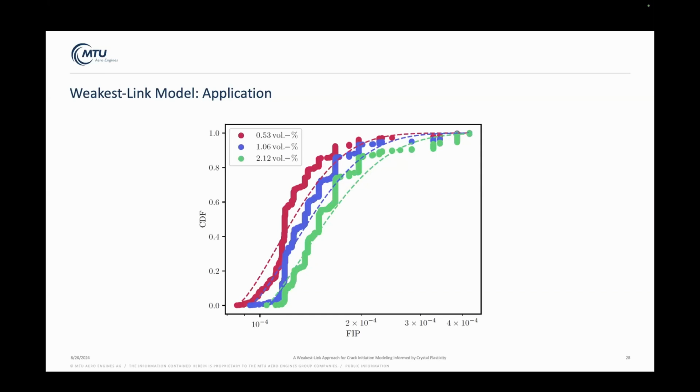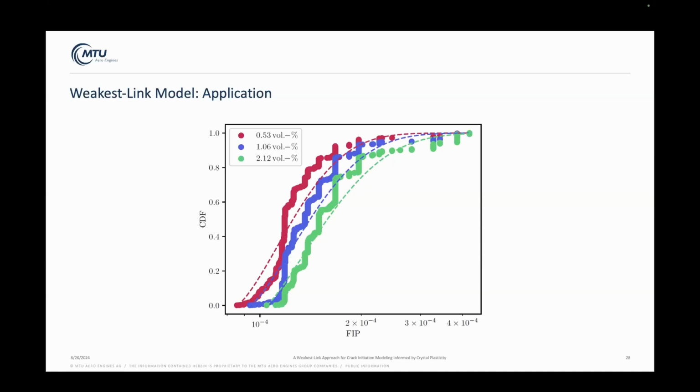This time, the dotted lines indicate Weibull functions that we fitted to the data. One important thing you're seeing is that as we have a higher porosity volume fraction, the expected FIP increases, which is expected on the one hand. But what's interesting is that the underlying porosity distribution is actually the same in all cases.